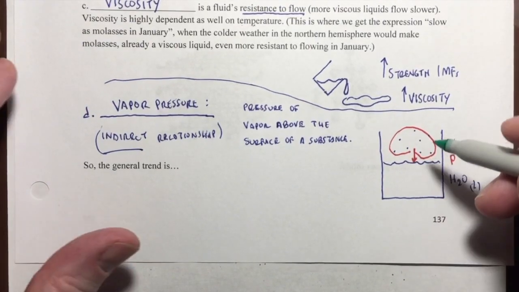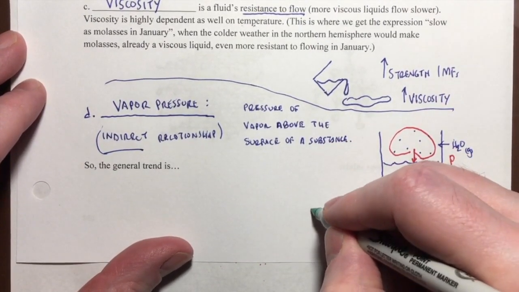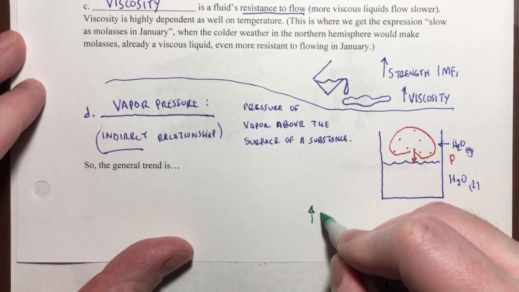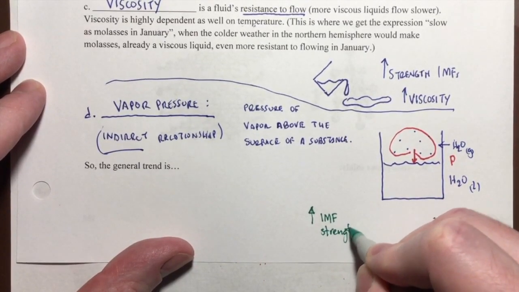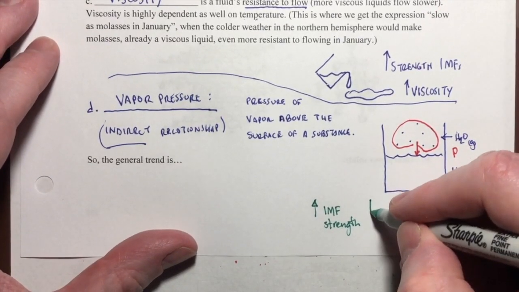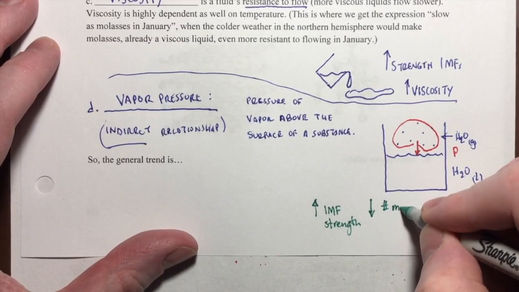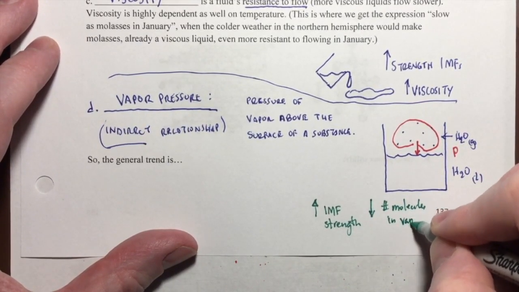So let's write this as a trend here. As we increase the IMF strength, we decrease the amount of vapor, the number of molecules in the vapor.